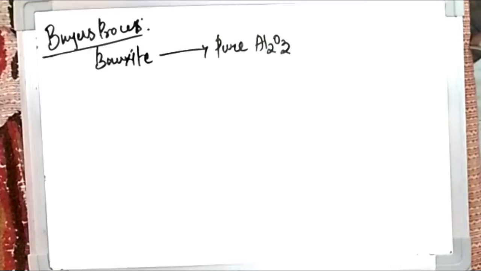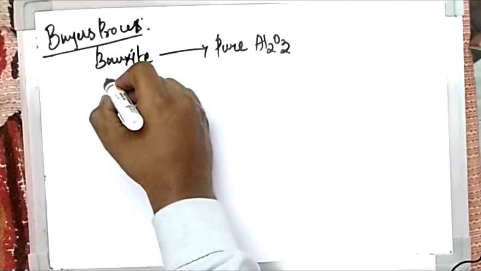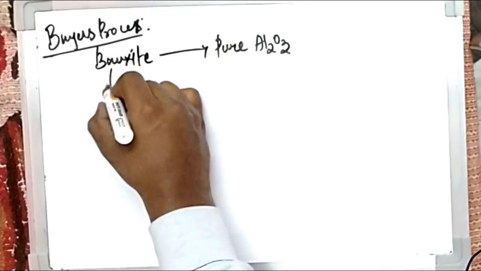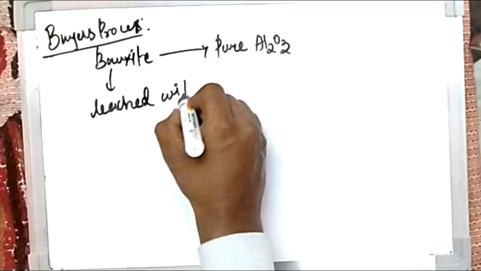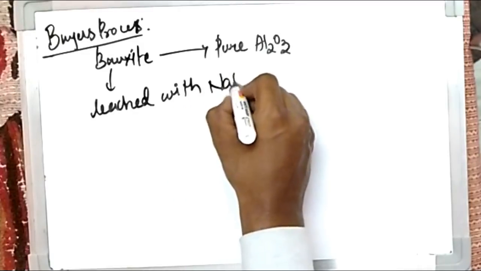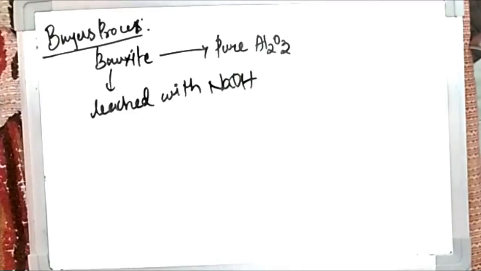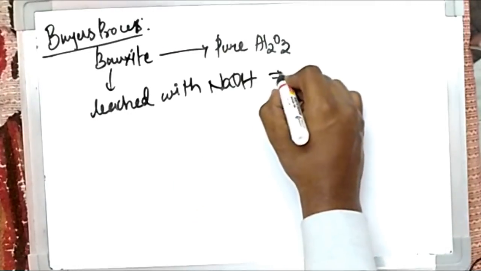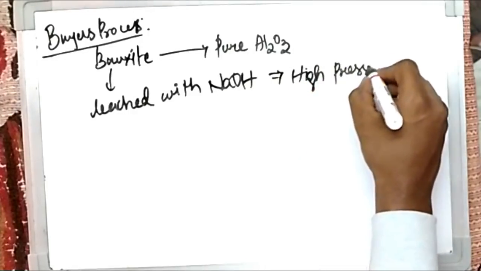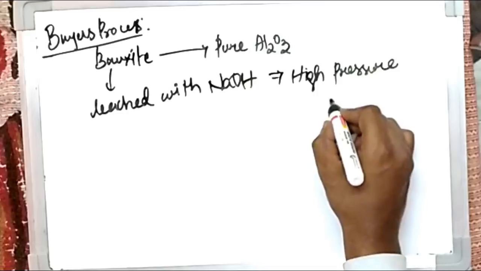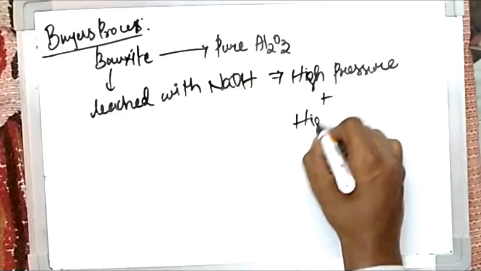Usually in this process, bauxite is initially leached with the help of NaOH. Leaching is nothing but the chemical reaction between these two. That means bauxite is allowed to react with NaOH at high pressure and also high temperature.